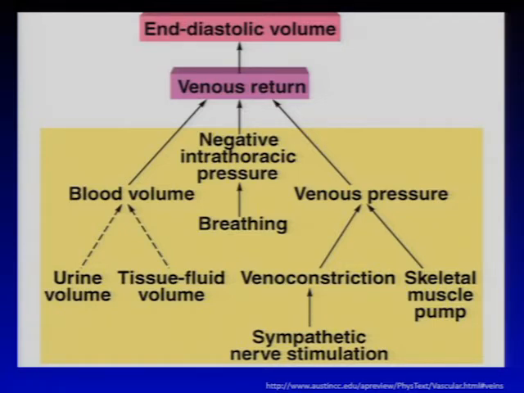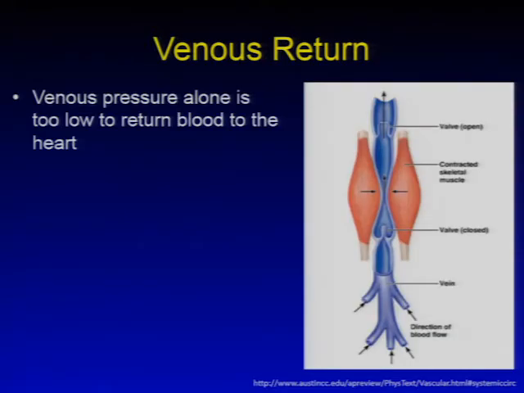This is a process that changes over time. And there is some element of tonic venous pressure. There can be venoconstriction from sympathetic stimulation, and skeletal muscle contraction helps augment venous pressure and venous return. That's seen in this picture as well.